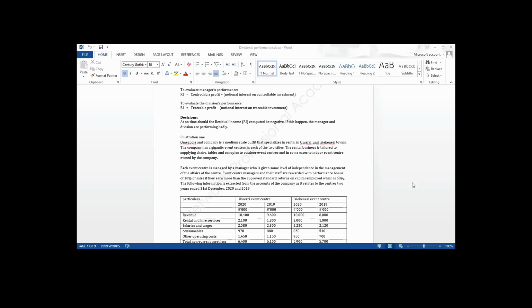The company has a gigantic event center in each of the two cities. The rental business is tailored to supply chairs, tables, canopies, outdoor event center, and in some cases to indoor event centers owned by the company.